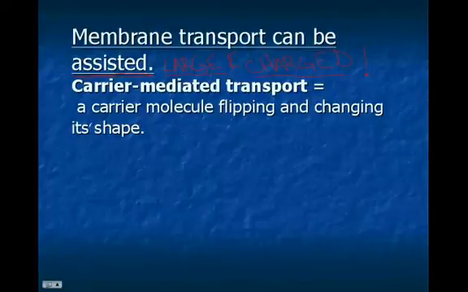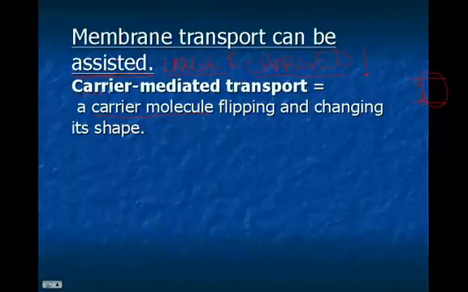If you remember from the very beginning of the first lecture, when you looked at the membrane, we had that sandwich lipid bilayer with the phospholipids and the fatty acid tails hanging down like that, and then we had these big proteins that would go through the membrane. These proteins are important because many of them act as what we call carrier molecules, and they can actually help bring things that are large and charged across the membrane.